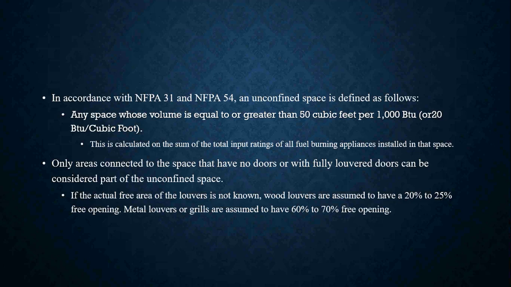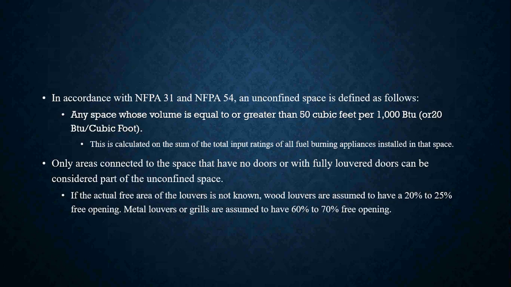Okay, this is calculated on the sum of the total input ratings of all of your fuel burning appliances installed in that space. Only areas connected to the space that have no doors or with fully louvered doors can be considered part of the unconfined space.